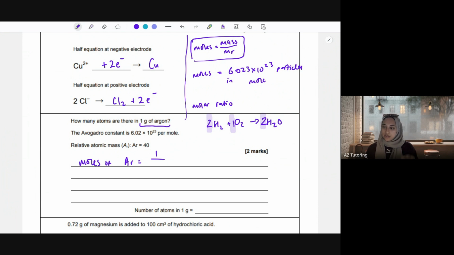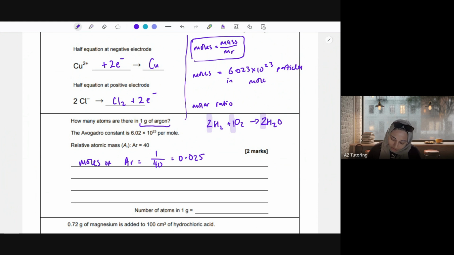Ar is just for 1 atom, 1 element, and Mr is for something like carbon dioxide, so multiple atoms, but really they're the same thing. It's just the mass number. So divided by 40. So that's the moles, that's 0.025.